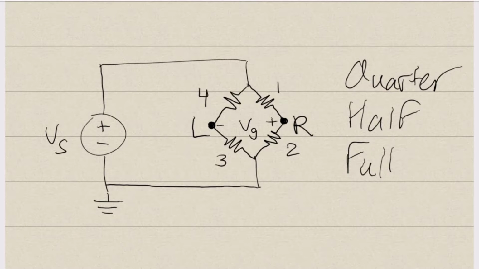Half bridges provide twice the sensitivity of quarter bridges and may also be physically arranged perpendicular to each other along the principal strain axes to measure torsional strain. Full bridges, on the other hand, provide 4 times as much sensitivity as quarter bridges.